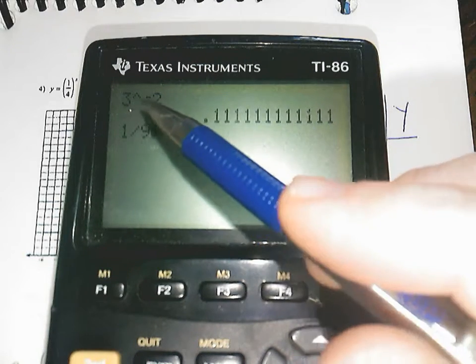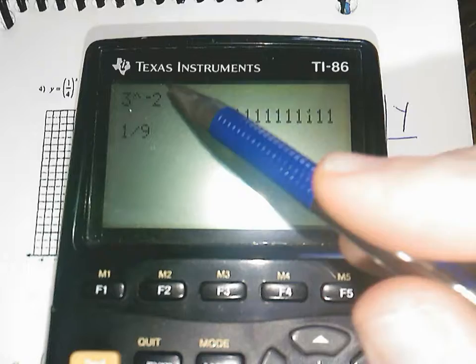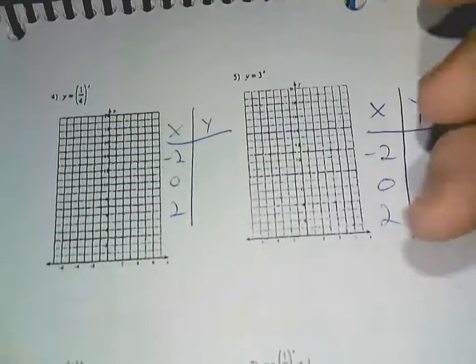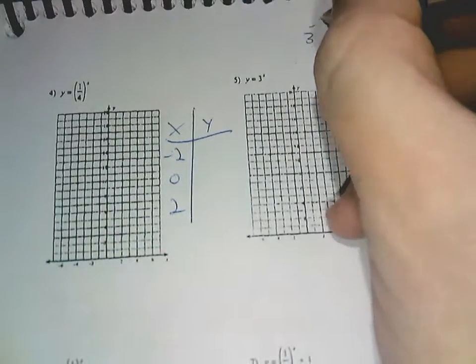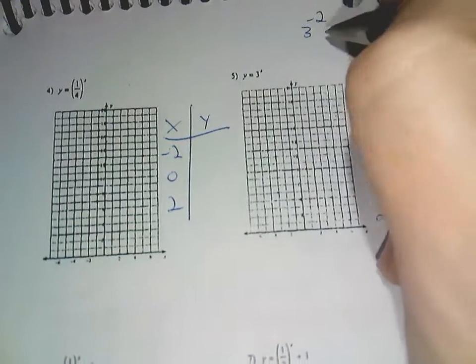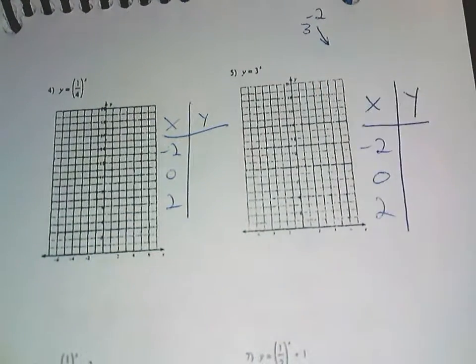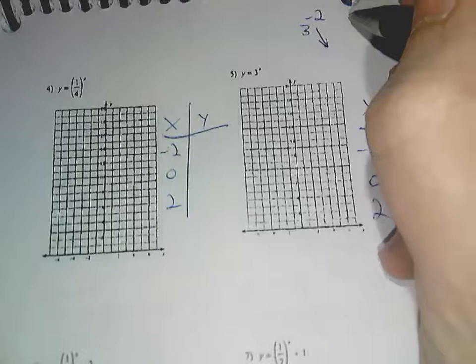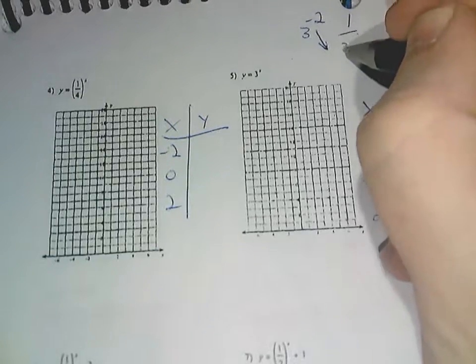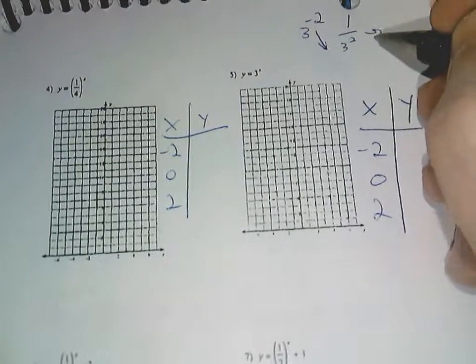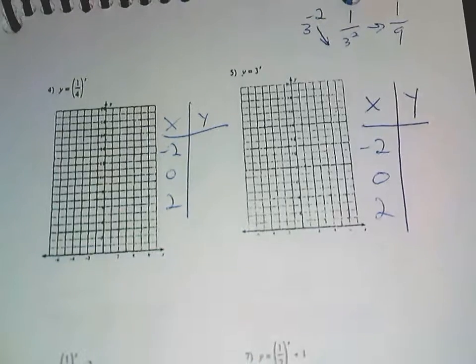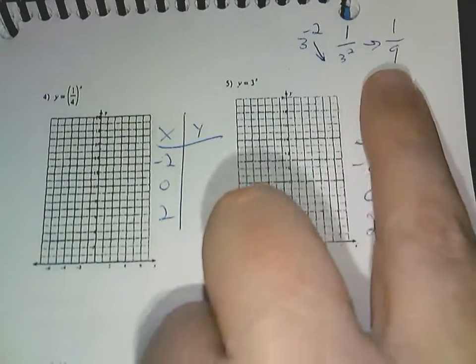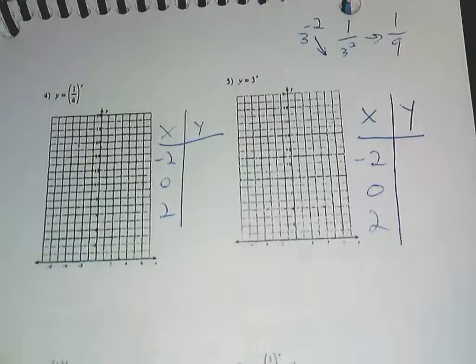Because what actually happens is this is the old man scenario. If I have a negative exponent, he has to go downstairs to become positive, and it would be 1/3 squared, which is the same as 1/9. And if I find the decimal of that, 1/9 is 0.1 repeating.